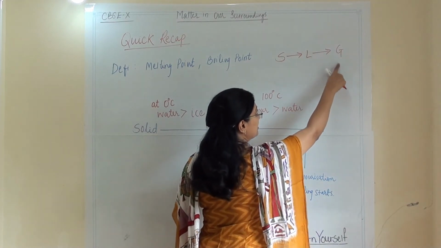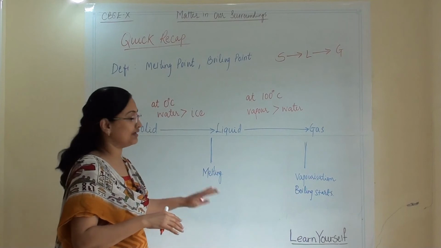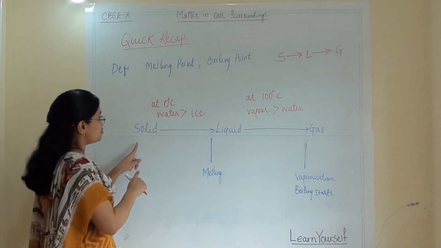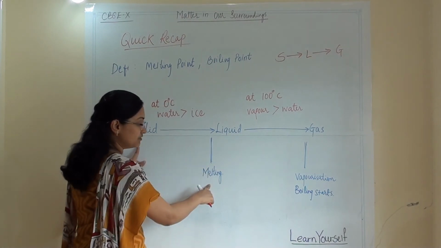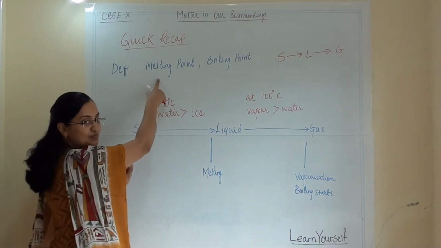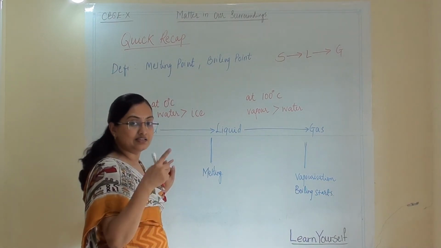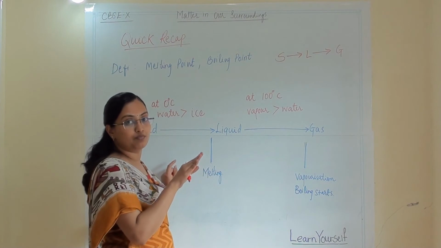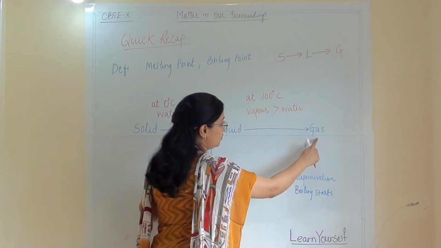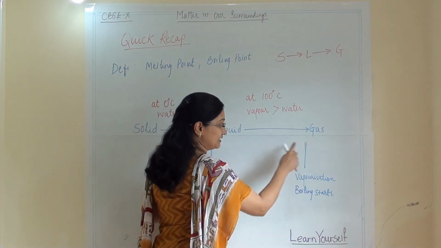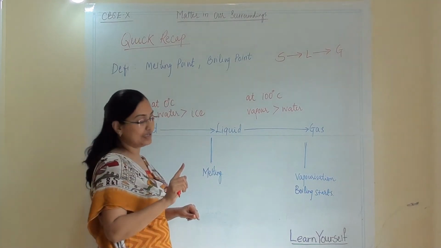When liquid converts into gas, it is vaporization. The temperature at which the ice starts melting is known as the melting point of water or ice. And when a liquid starts boiling, that temperature is known as the boiling point of that liquid.